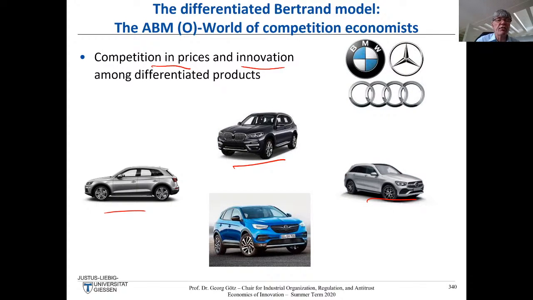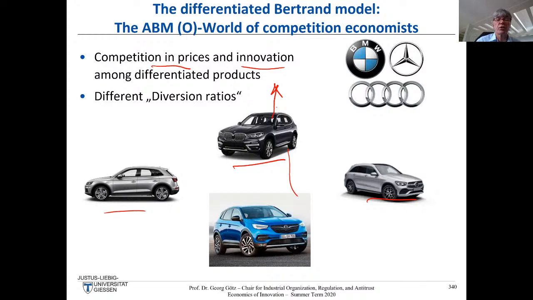Whereas here you have another car, which would be the Opel Grandland, and this seems to be of lower quality than the other firms, and so you have a different diversion ratio. So if Audi increases the price, or if BMW increases the price, it's more likely that people move to Audi and to Mercedes than to Opel. And that would mean you have different diversion ratios.